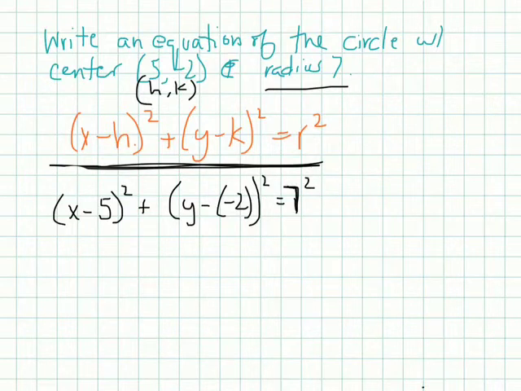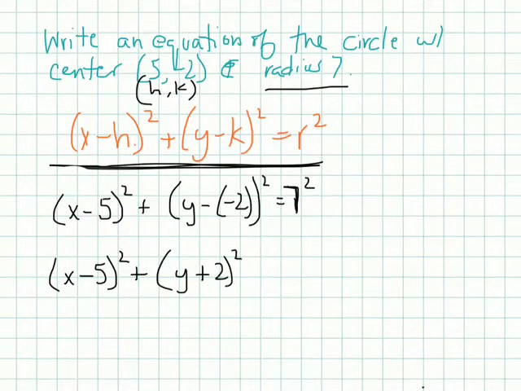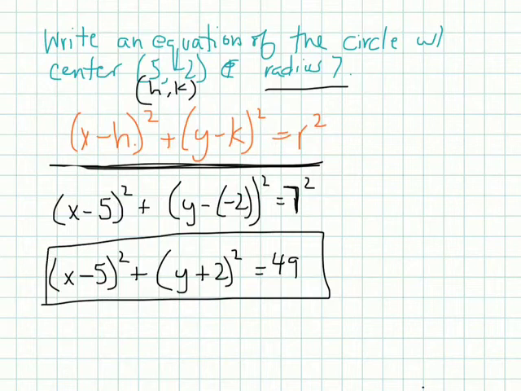And let's simplify this, y minus -2, and make it more simple here. So we would just have (x minus 5) squared plus (y plus 2) squared equals, let me actually just turn 7 squared into 49. And there is our standard equation of a circle.